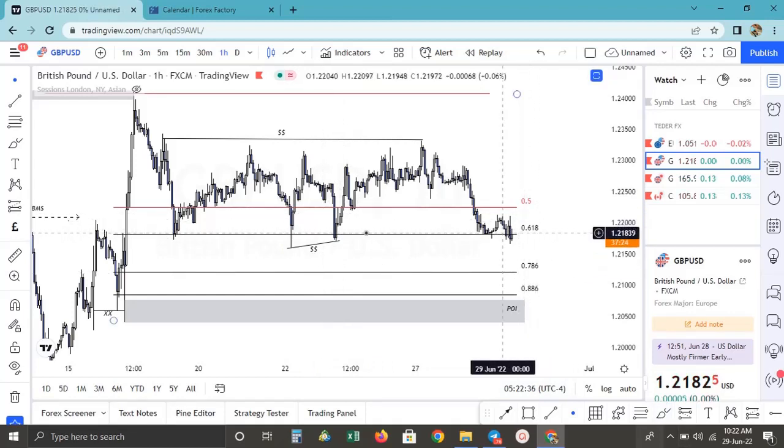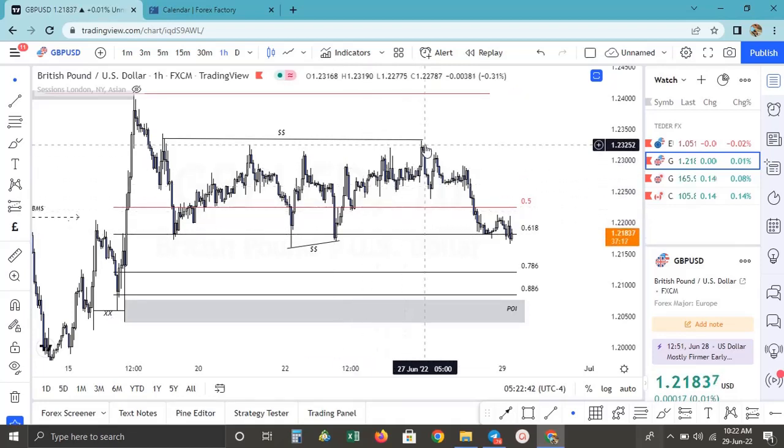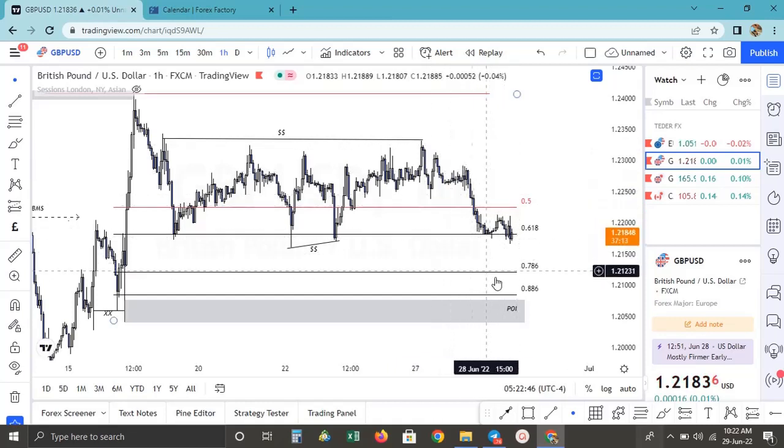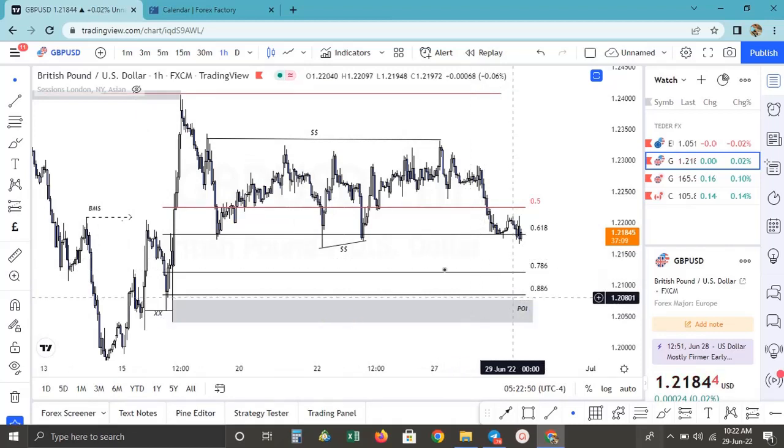So we can see how they react up from the 61.8 of our fib level, gave us this retracement, and probably they are coming down to the 78.6 or 88.6 of our fib level, which is a very nice area where we want to see the D leg.